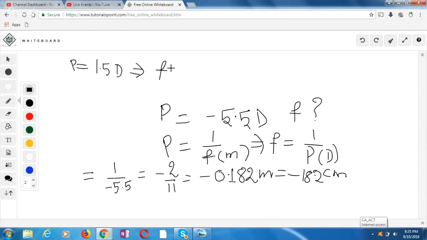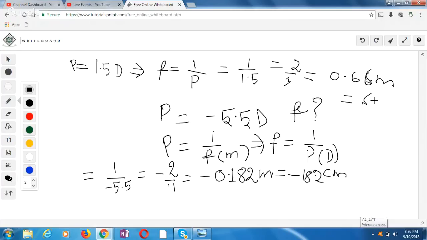So focal length would be equal to 1 divided by power, and that is equal to 1 divided by 1.5, which is nothing but 2 by 3, and that is equal to 0.66 meters or 66 centimeters. So this is how you can solve question number 5.